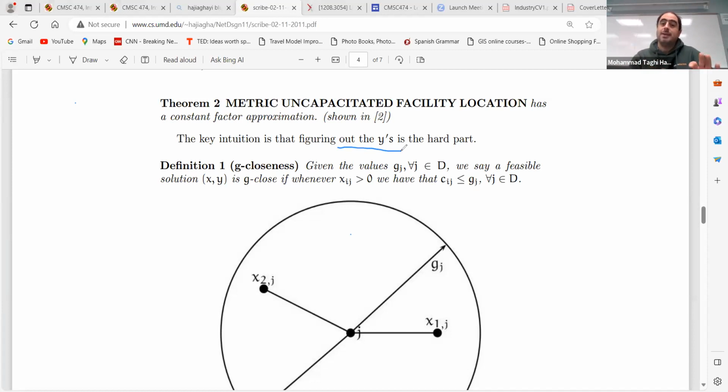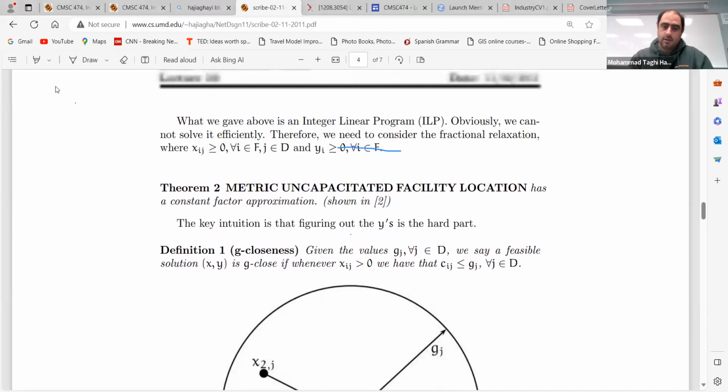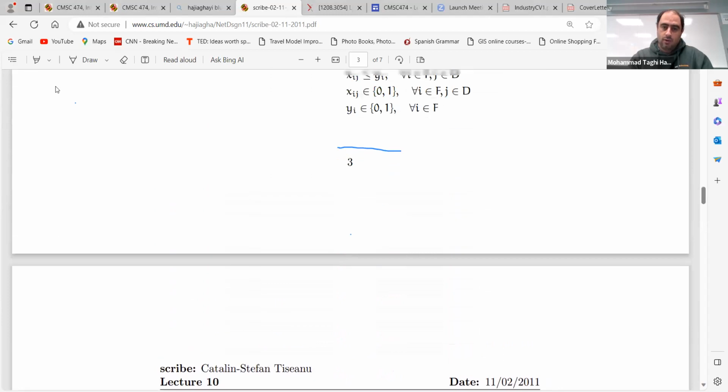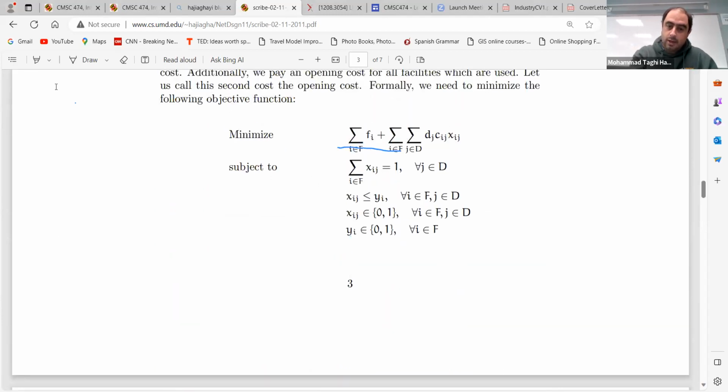However, to do that, because the yi's are forced to be large because of the xij's, we also need to somehow massage the xij's. Good, so let's see what we can do here.